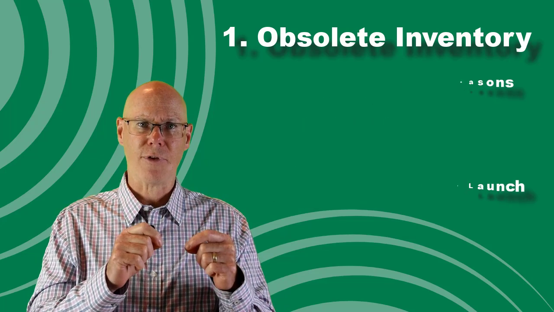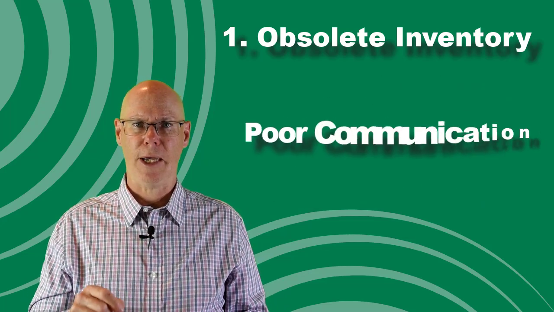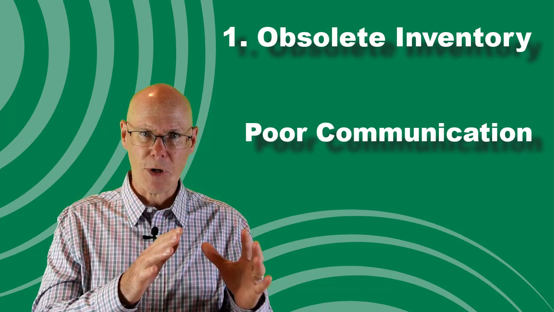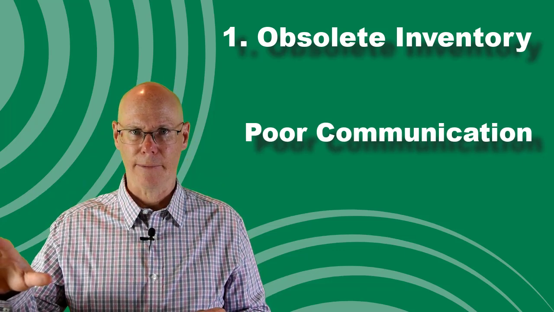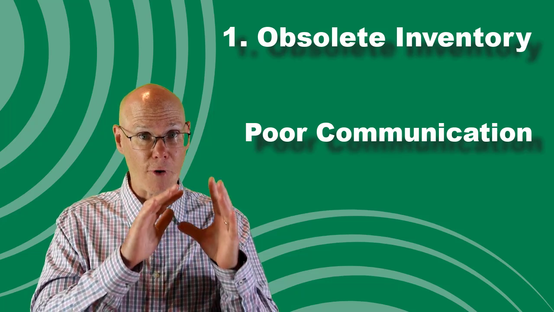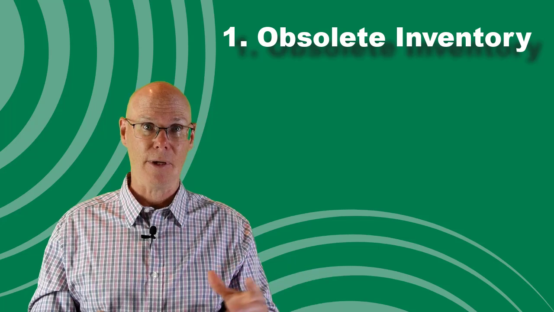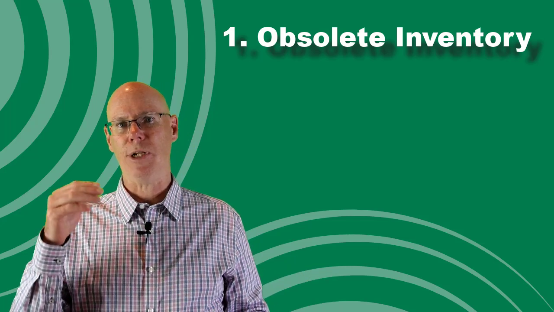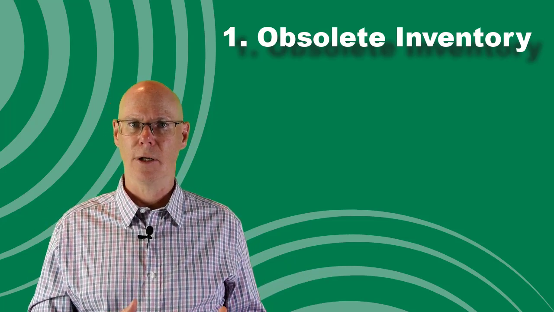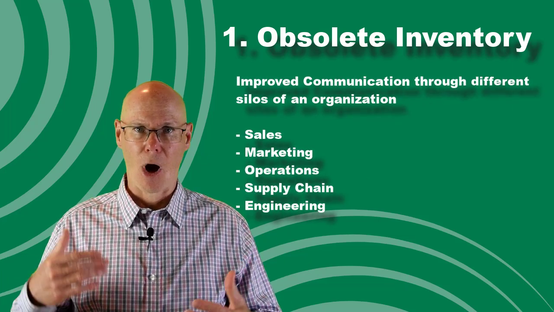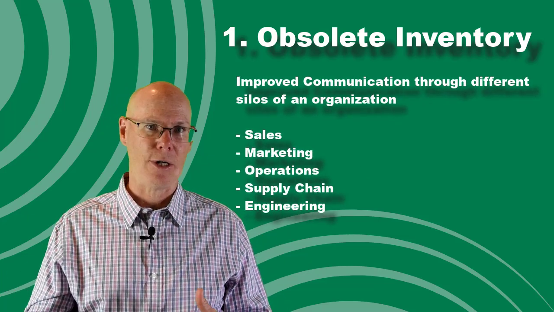These causes of obsolete inventory have something in common, something that is the hallmark of a good S&OP process. They are most often the result of poor communication. Poor communication leads to poor planning. At its heart, a formal S&OP process provides the forum and the mechanism to improve communication between the different silos of an organization: sales, marketing, operations, supply chain, and engineering.